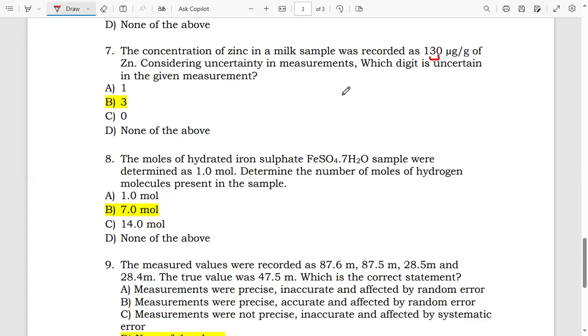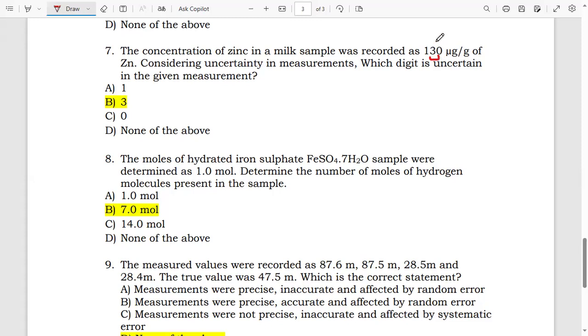Okay, so in case they ask you, the other question that they like is what is the upper reading of this? What is the lower reading? And then what is the range? Once you identify your uncertain digit, for you to find the upper reading or the lower reading, you have to consider the position where this uncertain digit is.